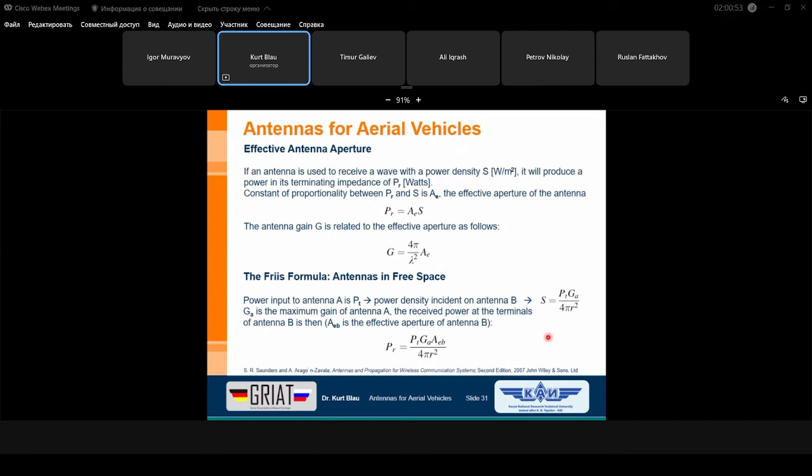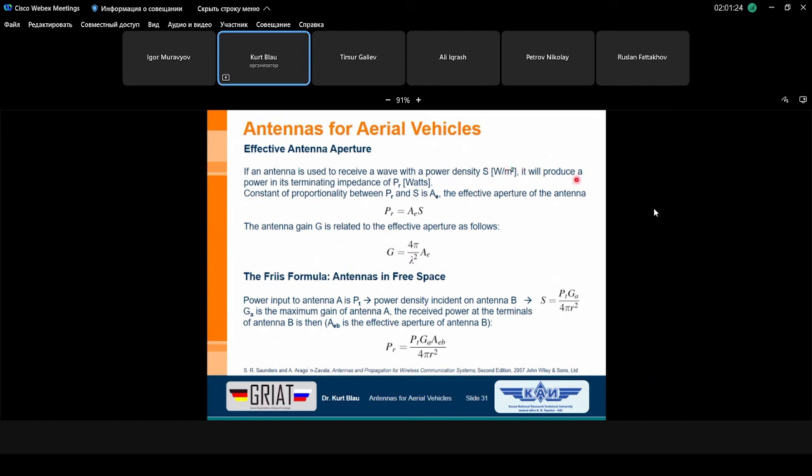We now discuss the effective antenna aperture, and what does it mean? If an antenna is used to receive a wave with a power density S, we already know what this means. It's the power per area, for instance in square meters.